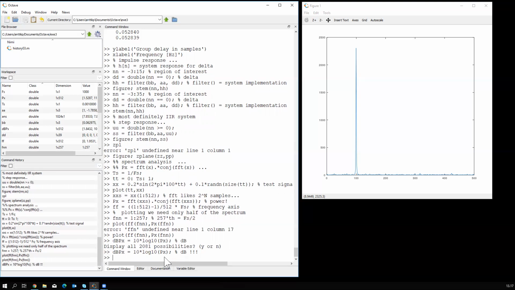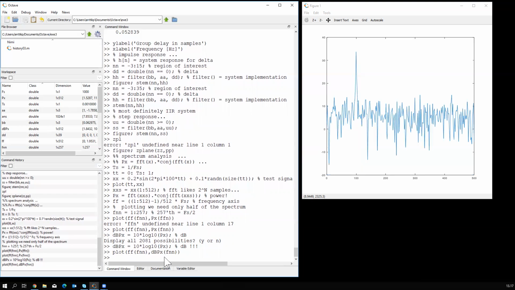I have no idea where that display all 2081 possibilities came from. I pressed some control button here. But anyways, now I can plot. In the digital domain, the spectral plots usually have a linear frequency scale, compared to the analog systems where you usually have the logarithmic scale.